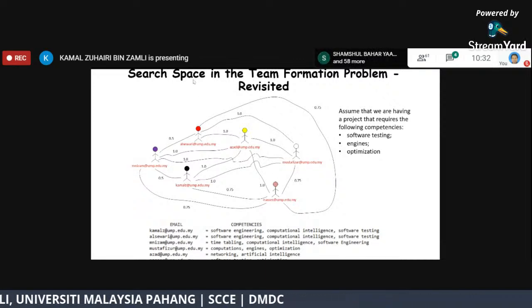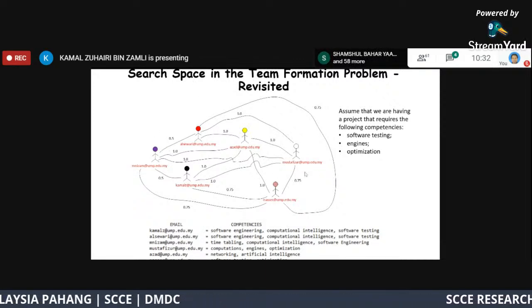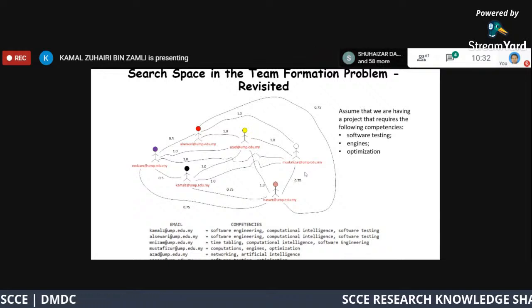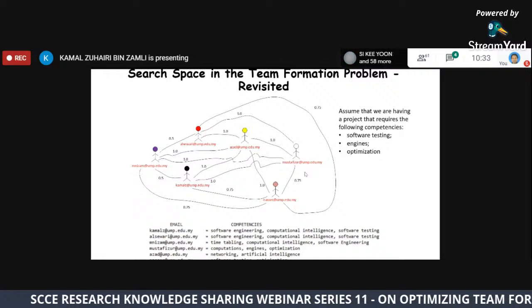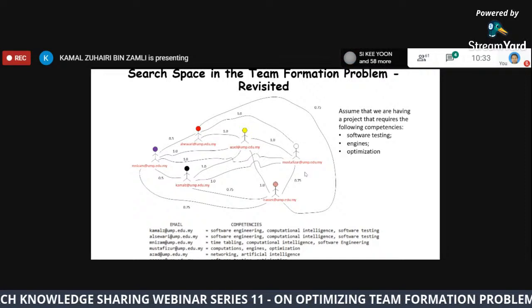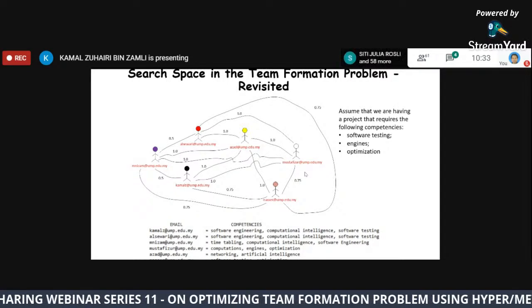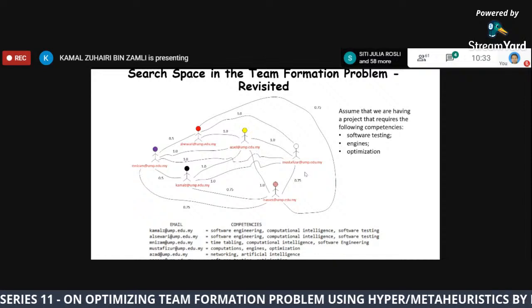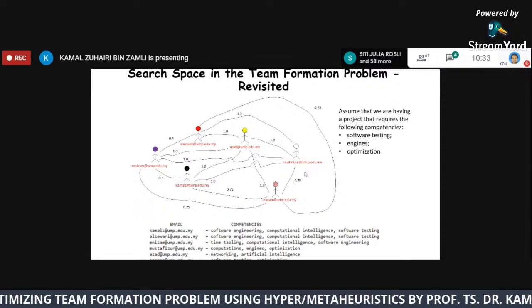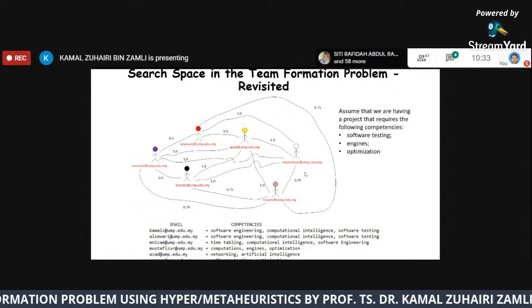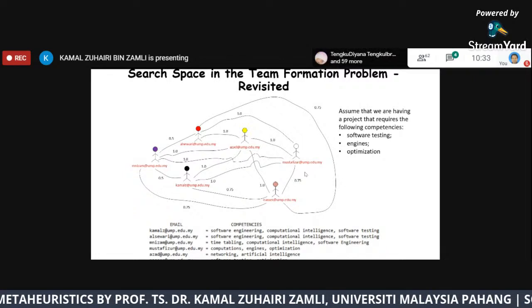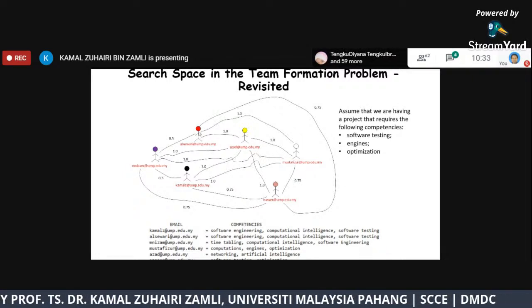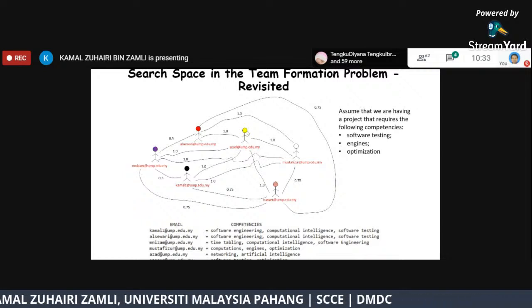So the idea is that when you want to solve this problem, first we have to build the competency graph for all the list of experts in our database. We have to build this because it becomes our reference point for us to be able to compute the fitness function. For example, if I have interaction between Zuhairi and Azad, the cost is 1.